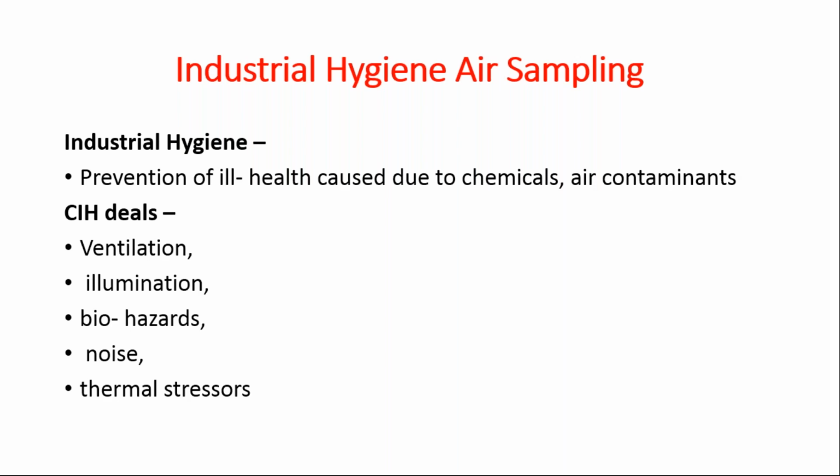So therefore, certified industrial hygienists deal with the chemicals, the bioagents, the air contaminants, and all these areas from a health perspective, from the point of view of ill health effects.